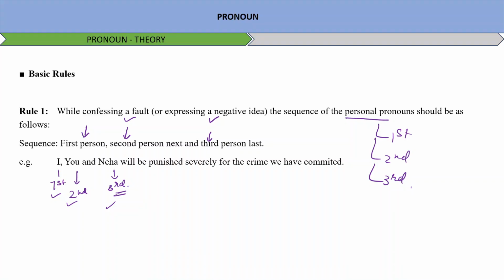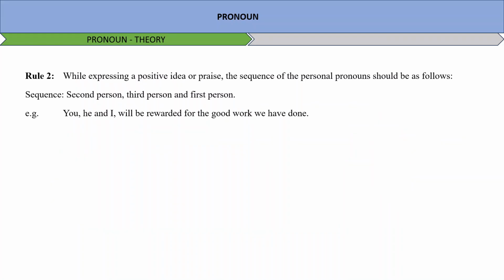Now, what if the sentence is positive? What if the sentence is expressing a positive idea? The sentence is praising someone. So the sequence will be second person, third person, first person. Whenever you're doing something good for others, or maybe for yourself, you will always give credit.